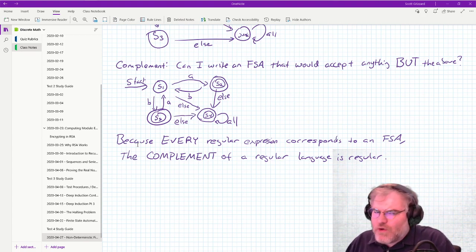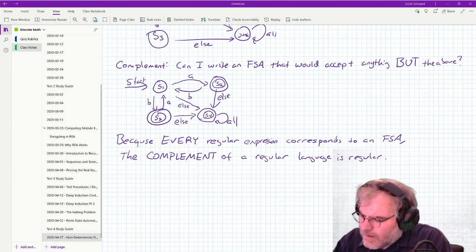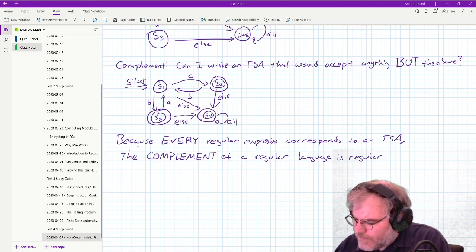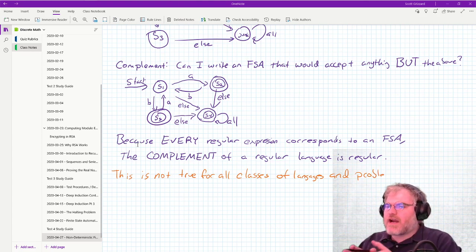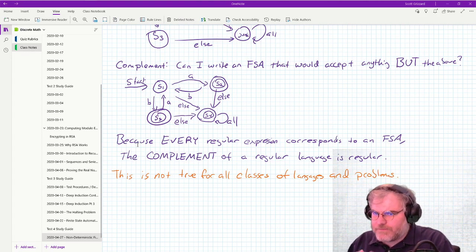And this is actually weird. This is not true for classes in general. This is something strange about regular languages.